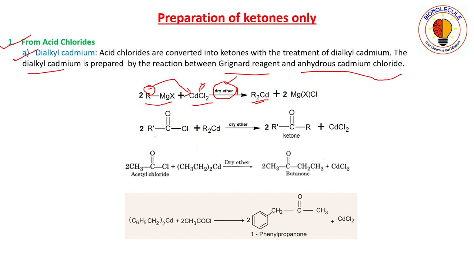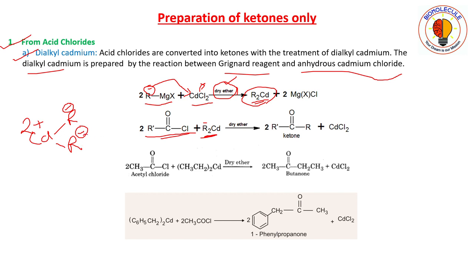So here you can see RCOCl. Now we are taking acid chloride and the dialkyl cadmium we just prepared using anhydrous cadmium chloride and Grignard reagent. You just treat it with acid chloride. See, this one is cadmium, this one is R, and this one is R. Cadmium is electropositive, so 2 plus cadmium. So this alkyl group must bear a negative charge to balance the overall charge of the molecule.